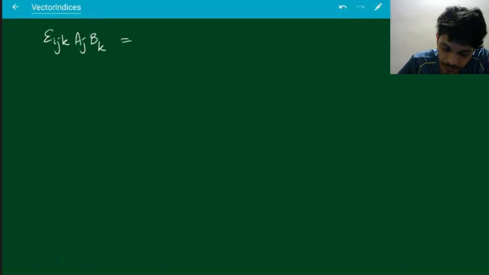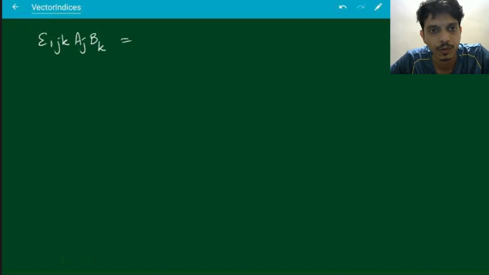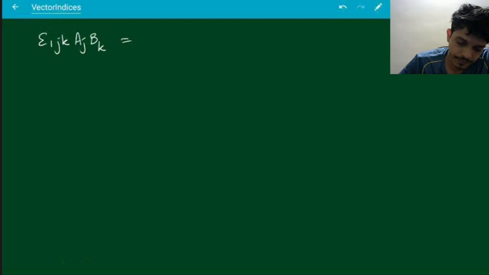Let me take specifically the case where i is equal to 1, epsilon 1jk. Let's see what this turns out to be. j and k will both run over 1, 2, 3, so there are a total of 9 combinations.